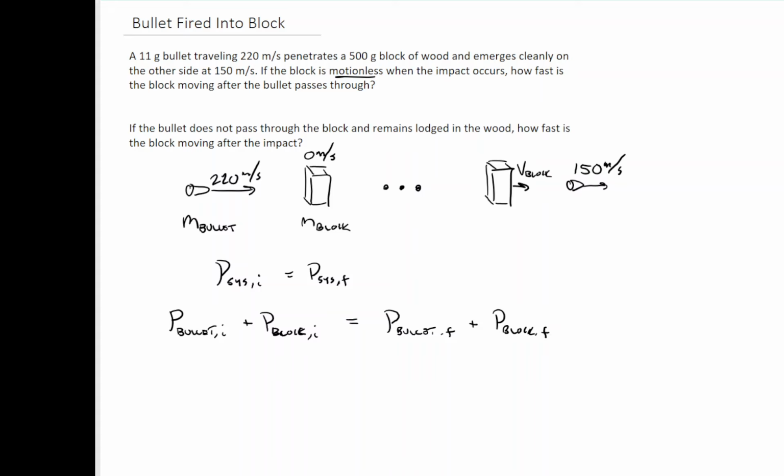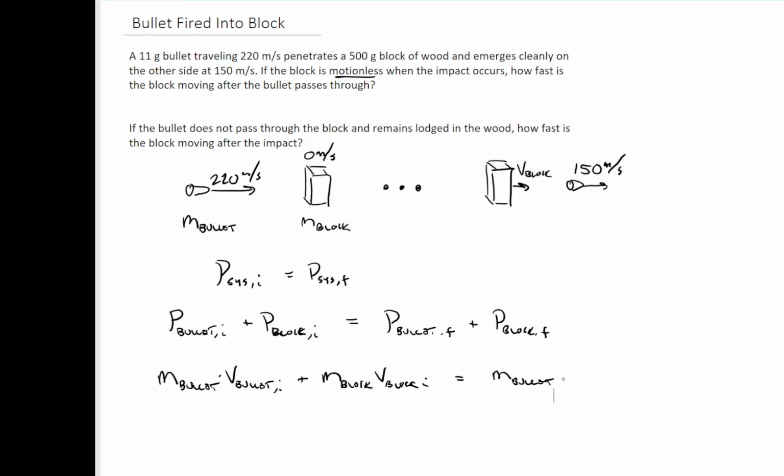And we have an equation for momentum that says p equals mv. So I can take it another step further and say the mass of the bullet times the velocity of the bullet at the beginning, plus the mass of the block times the velocity of the block at the beginning, would therefore have to be equal to the mass of the bullet at the end.